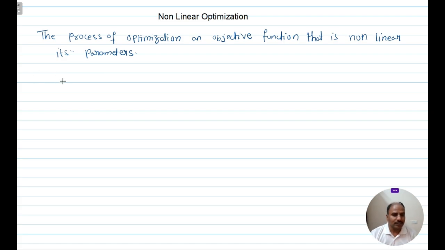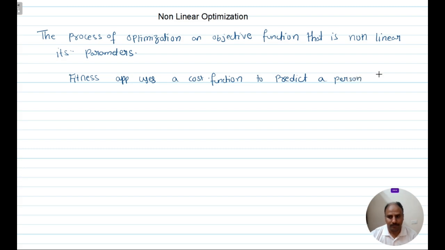the problem statement is there is one fitness app. Okay, the fitness app uses a cost function to predict a person's weight loss based on their exercise intensity.